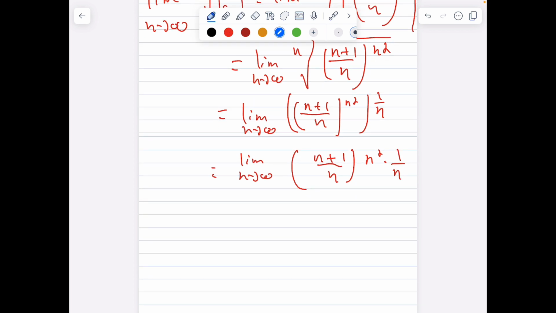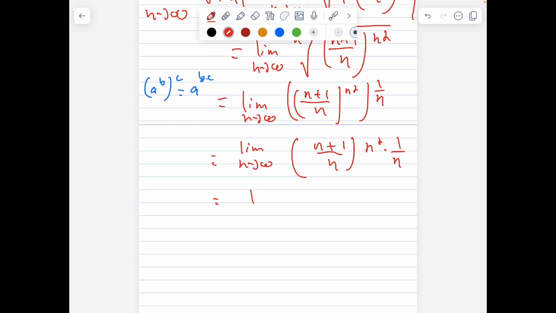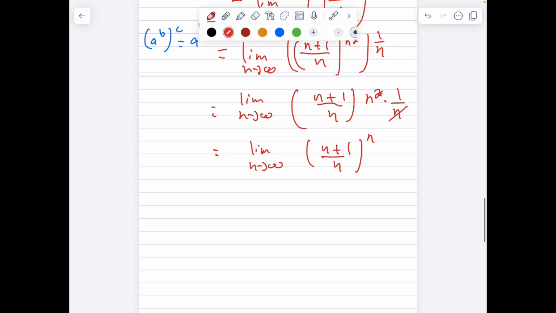If you remember, we had one property that said if you have a to the b, all raised to the c power, it's equal to a to the b times c. So that's what I'm using here. And yeah, it's very easy to forget those rules. They come up quite a bit when you're working with series with exponents. And n squared times 1 over n, one of the n's cancels, and you have this.